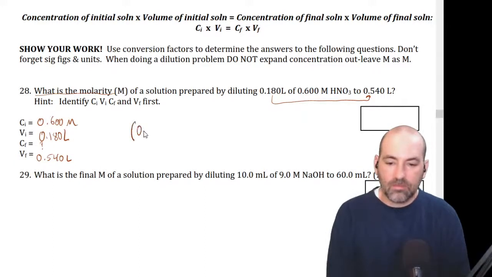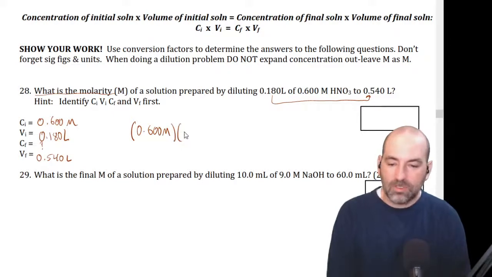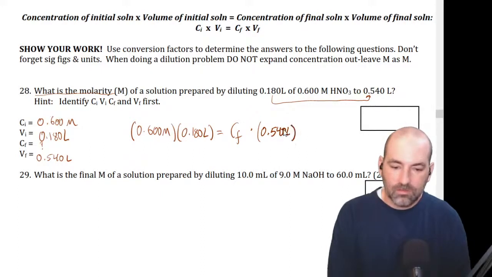So now we can simply put in the equation and solve for the final concentration. So that's 0.6 molar times the initial volume, 0.180 liters, and that's going to equal the final concentration times the final volume, 0.540 liters.